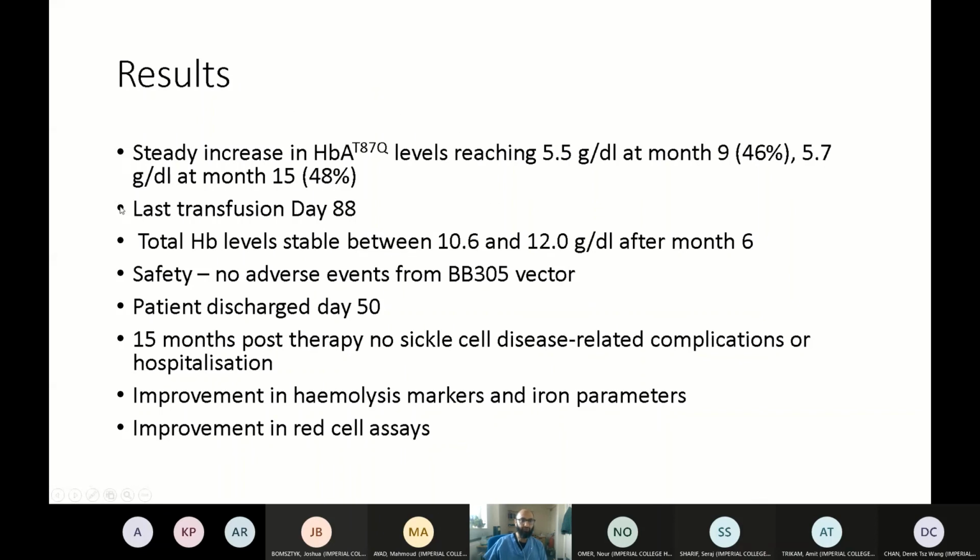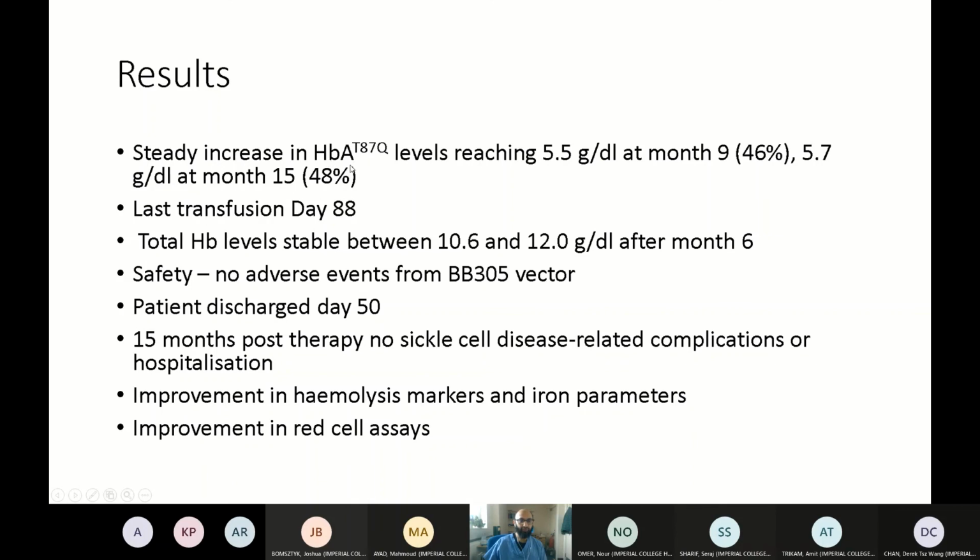Yep, so these are the results in that particular patient that we mentioned, who was one of the first to undergo this therapy. We can see that there was a steady increase in the hemoglobin A which the patient himself was producing, the modified hemoglobin A, reaching 5.5 grams per deciliter and 5.7 grams per deciliter at month 15.